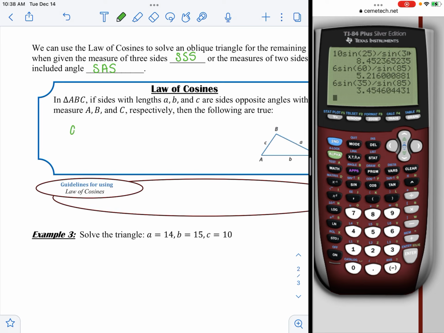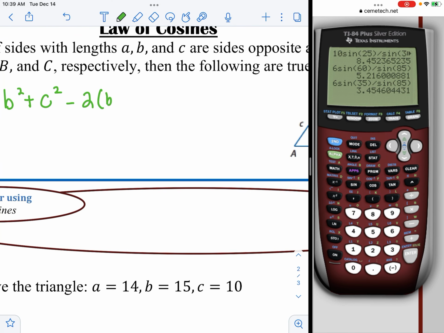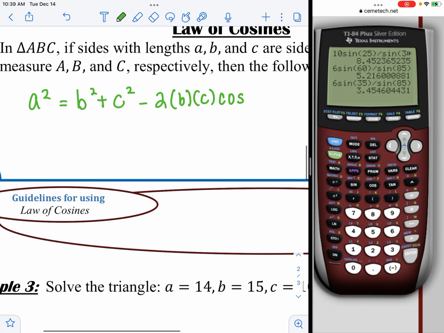I would take the side squared, A squared, is equal to the other 2 sides squared added together, so B squared plus C squared, minus 2 times those 2 sides that you just wrote down, so times B times C, and then times the cosine of the angle opposite of this side, so angle A.